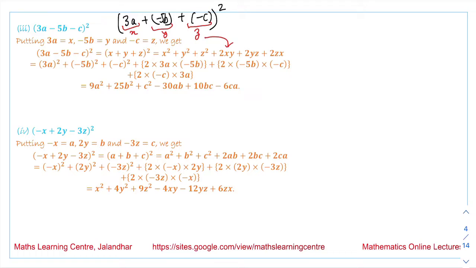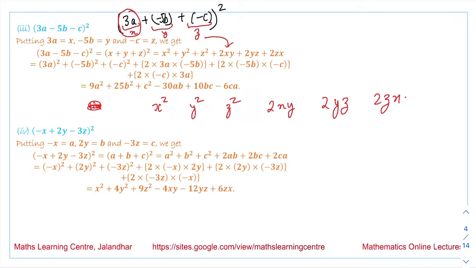Now suppose we are not solving this, then what kind of answer do we expect? The formula is x square, y square, z square, 2xy, 2yz and 2zx, and we have some signs over here.